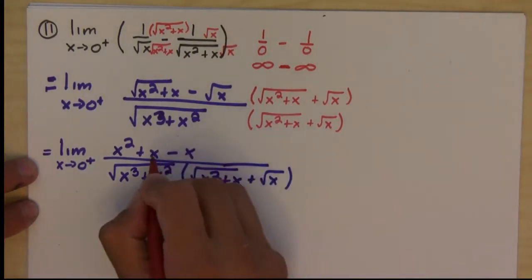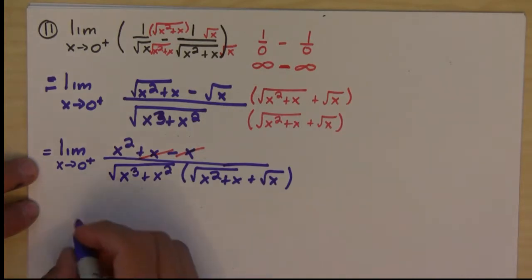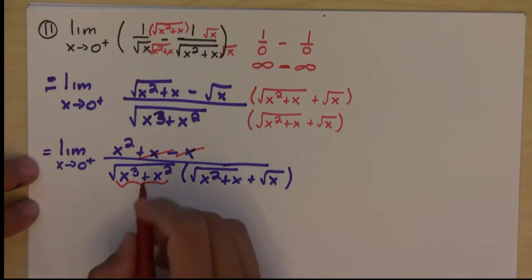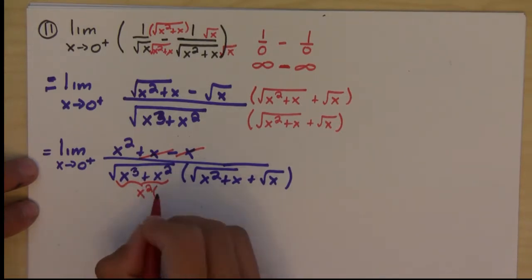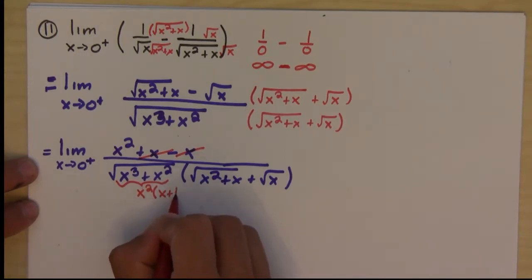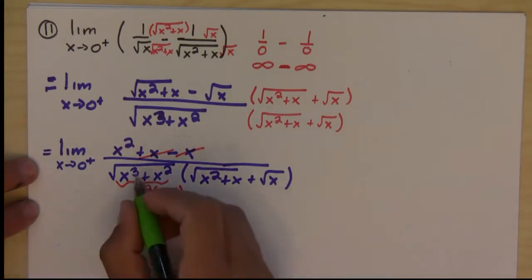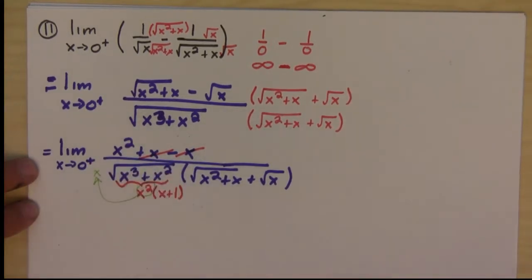Okay, now the obvious thing is that these x's cancel. Now, not so obviously though, notice that if I factor out an x squared, I would get this, and actually I can take out this x squared outside of the square root as an x.